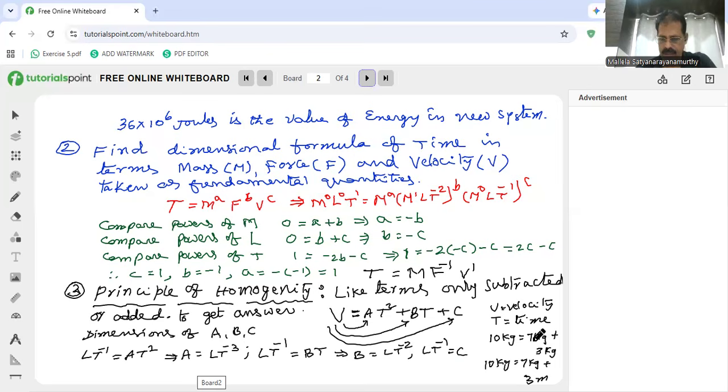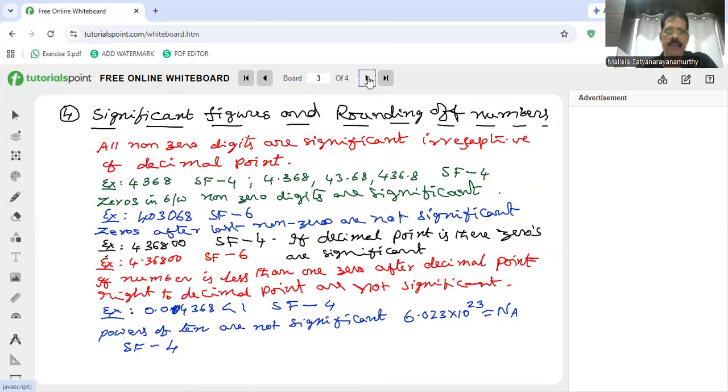Because I told you, the left and right have the same units. That's why I equated these terms. So I got the dimension formulas of A, B and C. This is the principle of homogeneity. They ask this model of question in the examination.